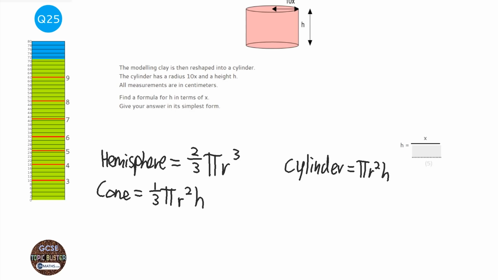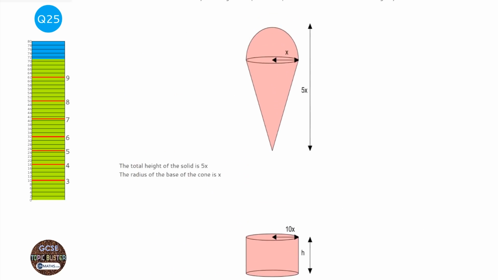Okay, now we need to find out what the bits are. So for the hemisphere we just need r. Well, that's quite simple because r is just going to be x. It's the radius of the hemisphere. Now what's more difficult is to work out the height of the cone. Well, if the radius across to the right is x, the radius of the circle up is also going to be x.